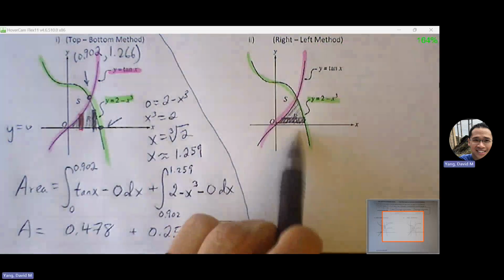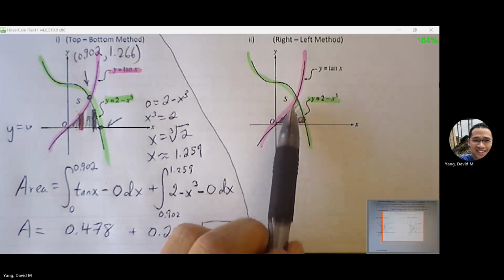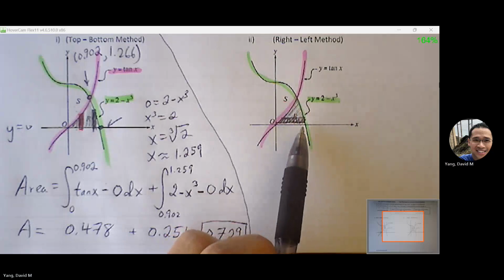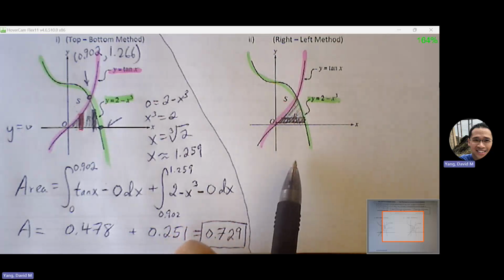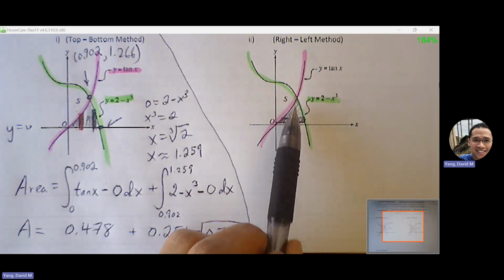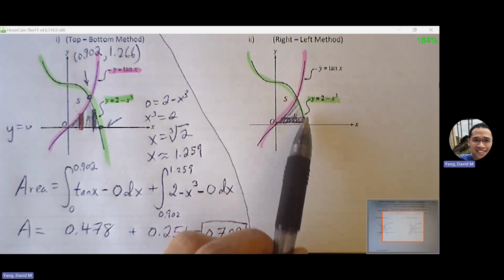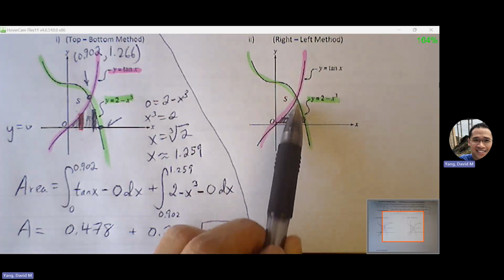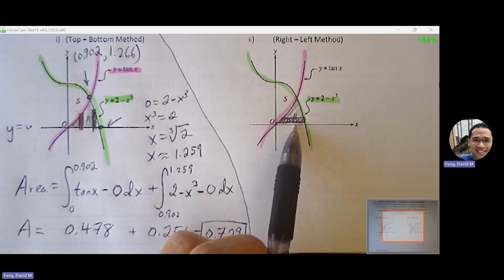Now imagine this rectangle sliding up and down. Is there a need for 2 integrals, or can we get away with just 1? Is there going to be a change in the right curve or left curve along this path? No change, right? So there's no swap.